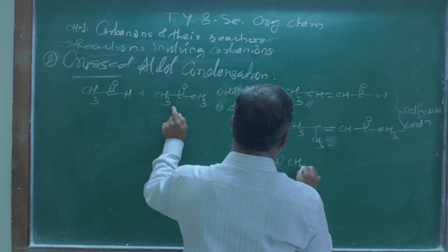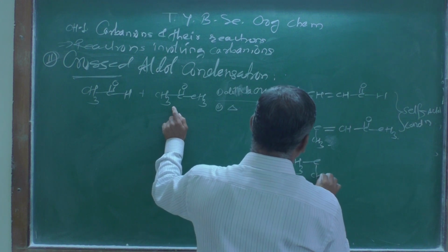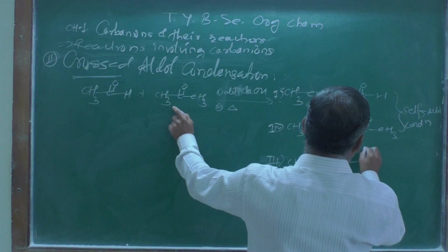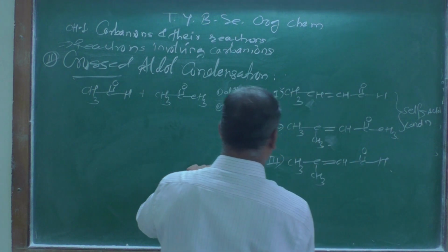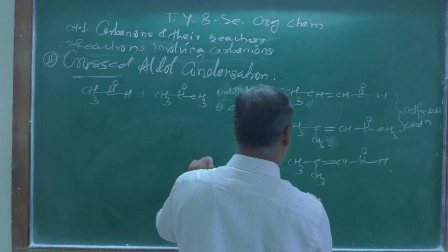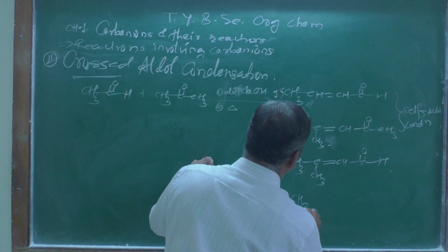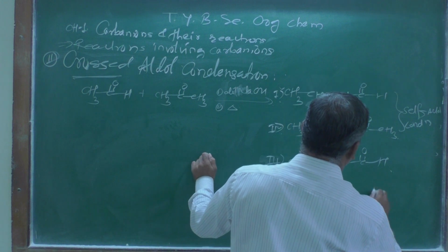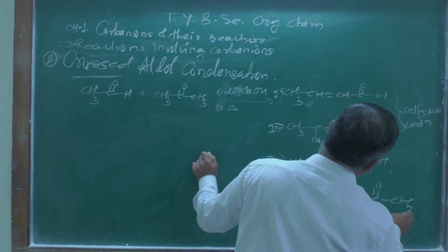Here CH3, then CH3 double bond, then CH, C double bond OH, and the fourth one may be this one. Let us see here, CH3 CH double bond CH, then C double bond O, and the CH3.